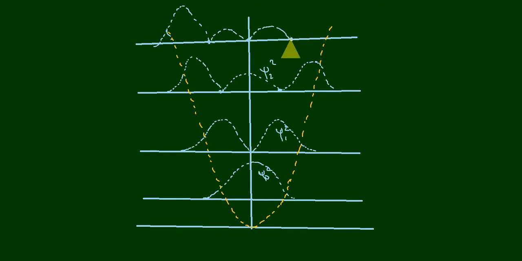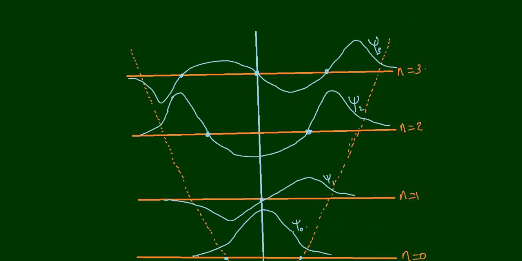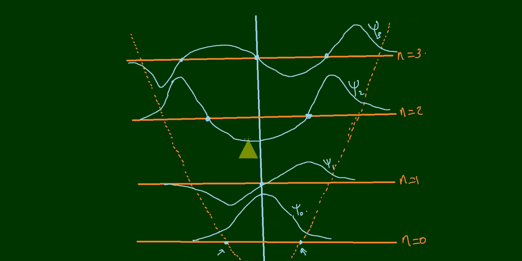So you should be careful about the shape of this curve. Some textbooks draw all these curves with the same height. That is not correct. You can see that when I was drawing the psi here, I was taking some care.